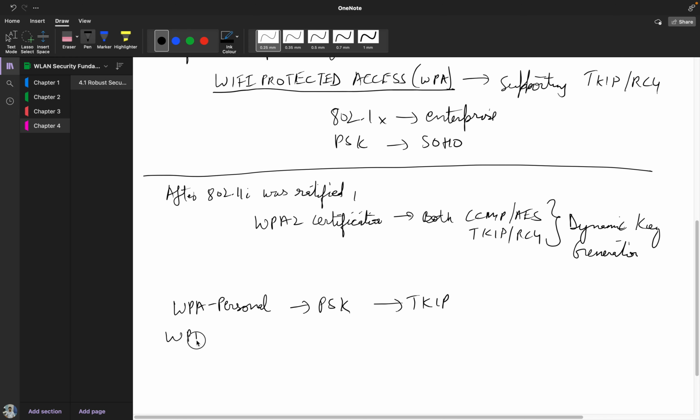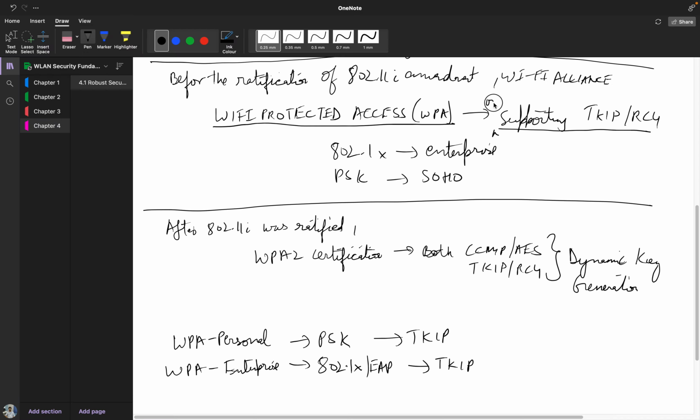WPA Enterprise supports 802.1x or EAP authentication. This also supports only TKIP, because if you remember, WPA only supports TKIP.